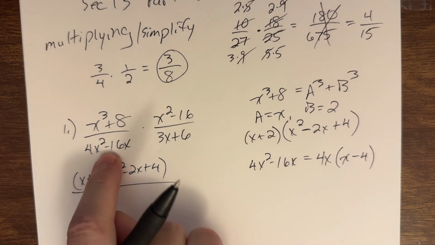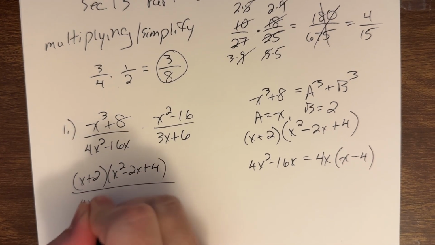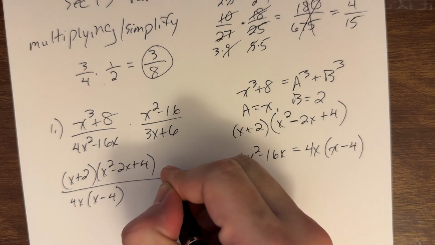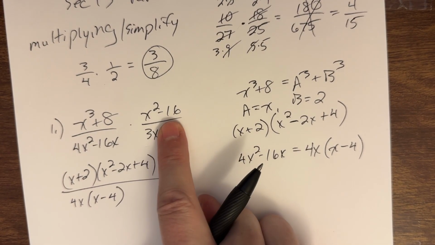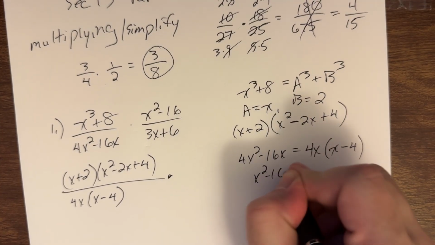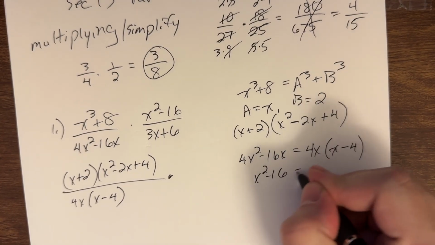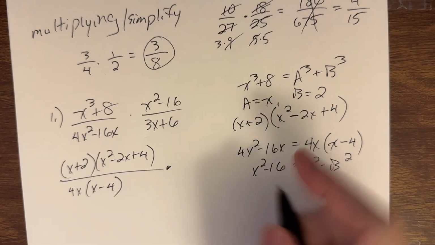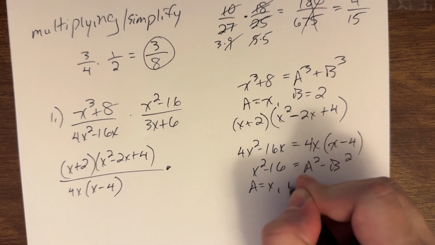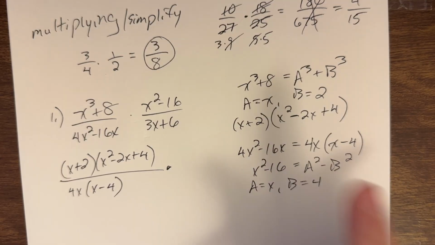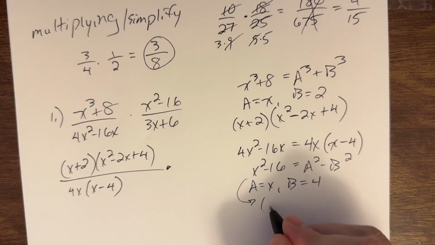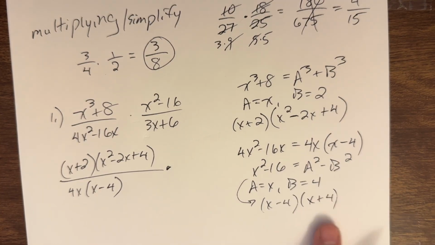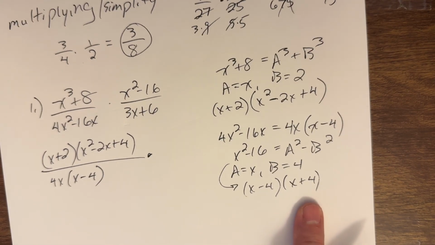So I come down here and I've got a 4x times x minus 4 times up here, well, x squared minus 16, I'm seeing an a squared minus b squared. A would be x, b would be 4, so this will factor into x minus 4, a minus b, times x plus 4, a plus b.